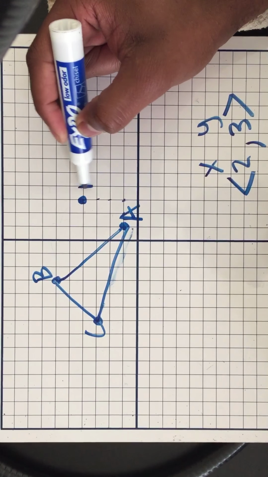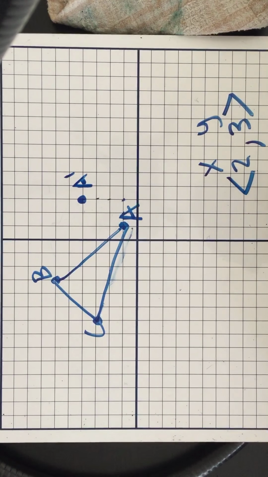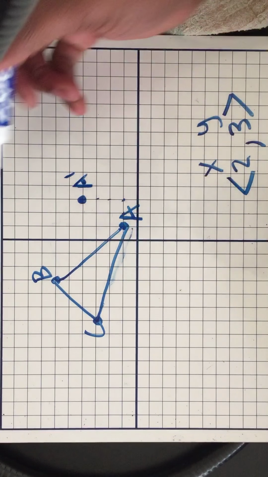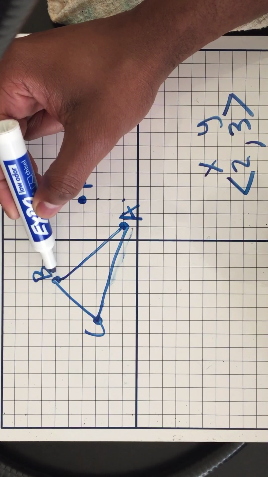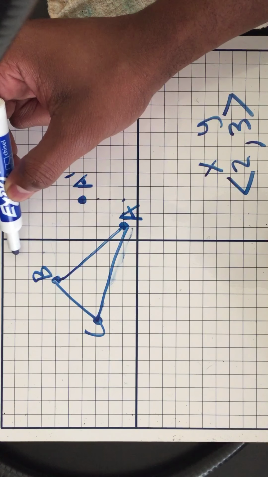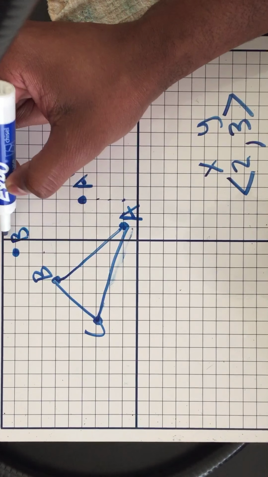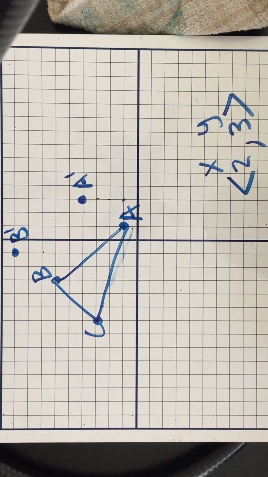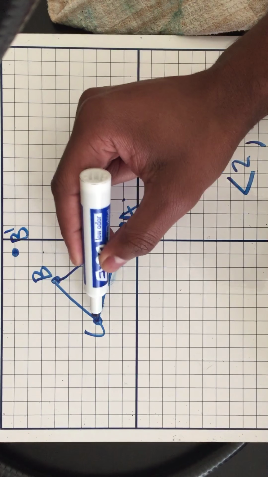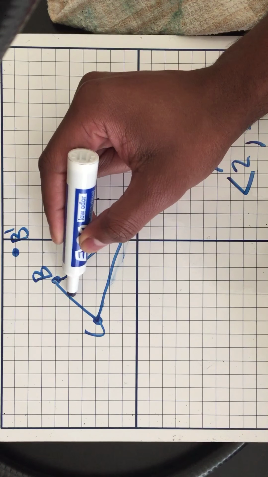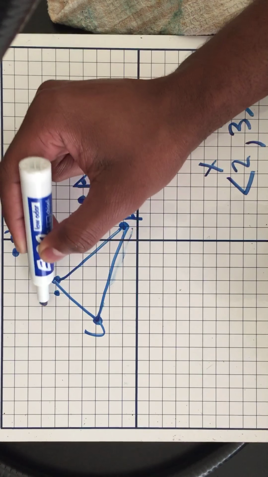This coordinate would become A prime. B will move over 1, 2, and up 1, 2, 3, so this coordinate becomes B prime. And C will move over 1, 2, and up 1, 2, 3, and we get C prime.